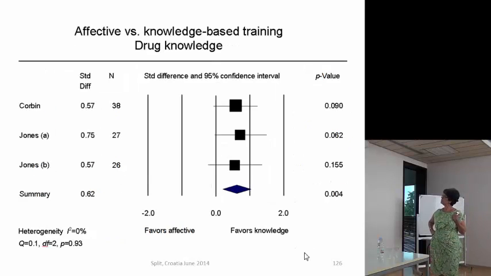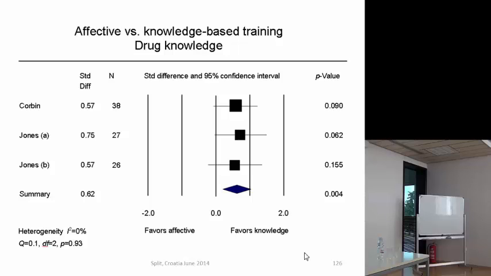Let's look at this particular three-study meta-analysis. They basically had one study that had a standardized mean difference of 0.57, another one that had a standardized mean difference of 0.75, and a third one that had 0.57. So our summary effect was 0.62.